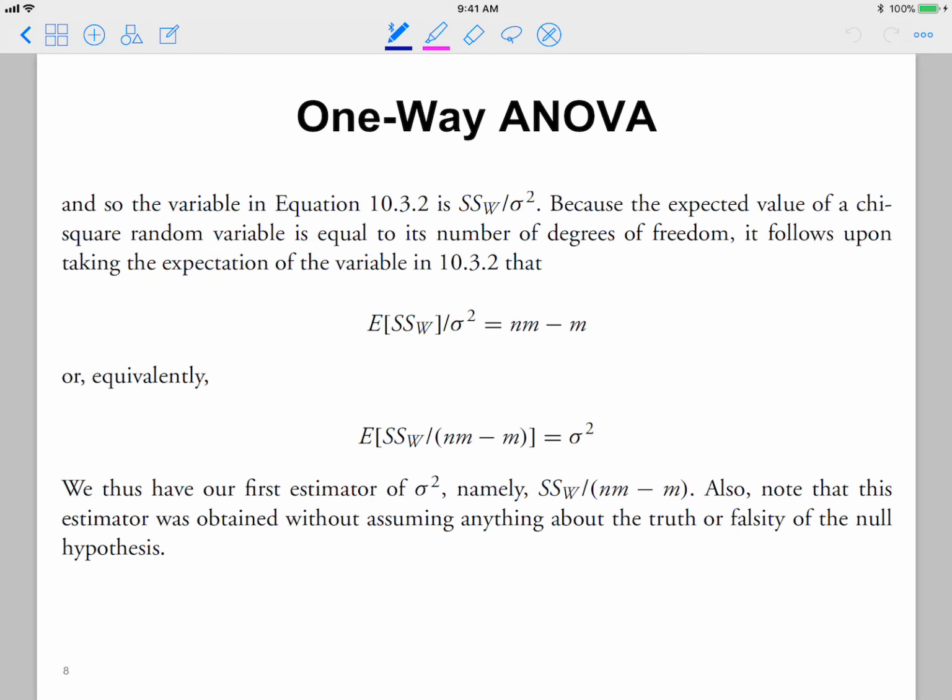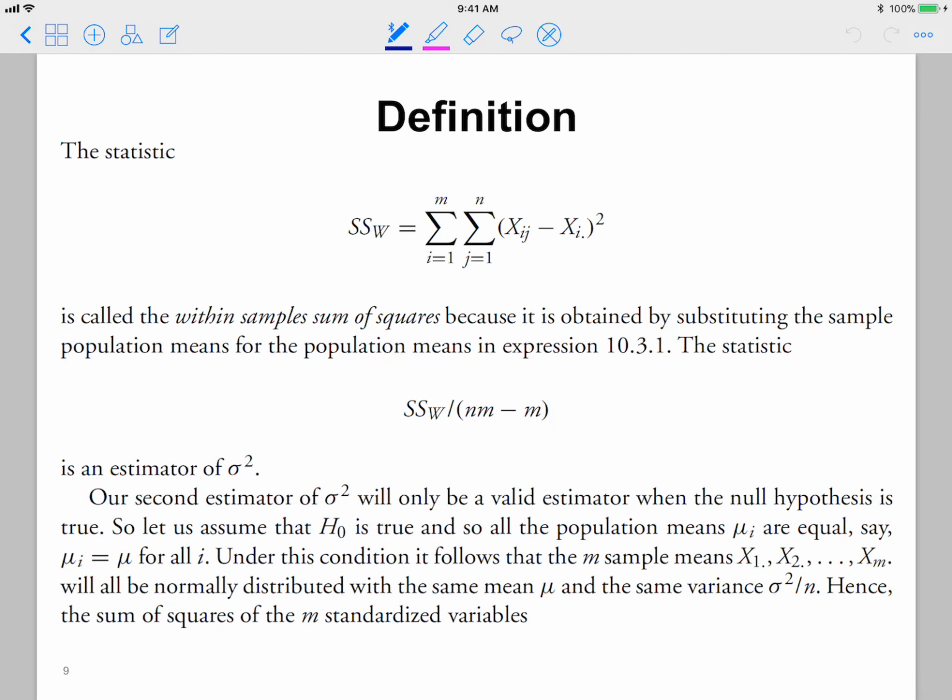Okay, so these were the equations that I just explained. And then we now consider the second estimator, or different estimator, for the true variance parameter.